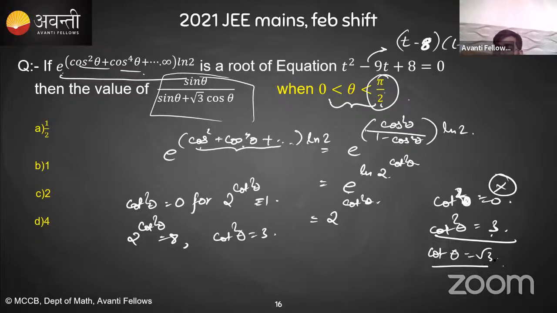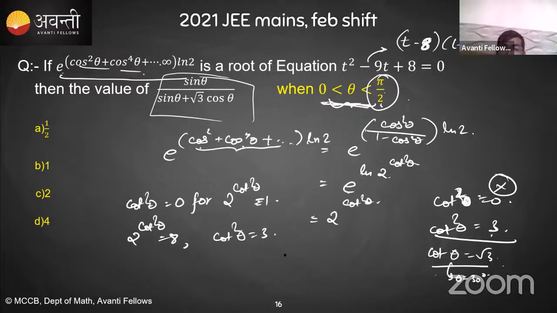Why will the value of cot theta be root 3? Because in the interval 0 to pi by 2, which is the first quadrant, all our trigonometric ratios have positive values. Cot theta is root 3 when theta is 30 degrees.